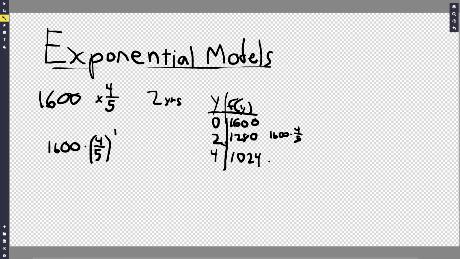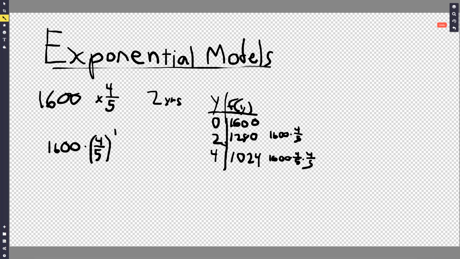And then when y is equal to 4, we're multiplying it by 4/5 twice. So when y equals 4, it's going to be 4/5 to the power of 2, right?